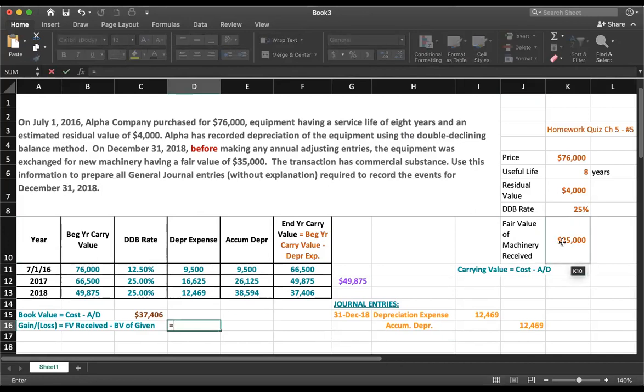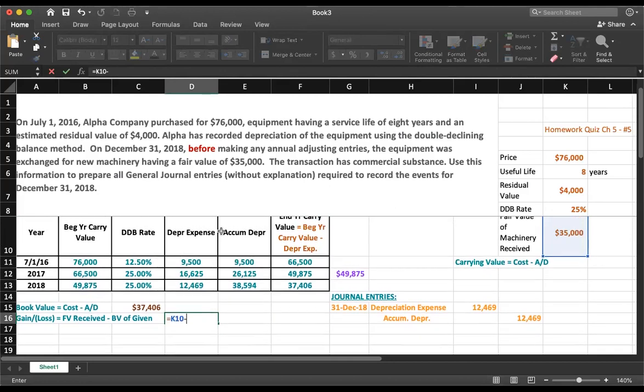Alpha received an asset that had a fair value of $35,000, and they gave up a piece of equipment that had a book value of $37,406.